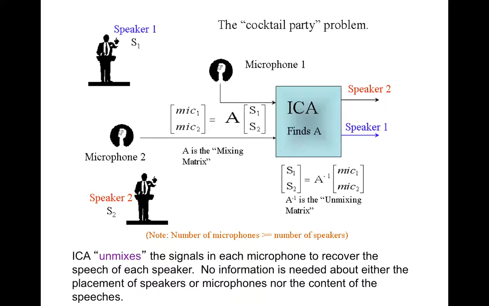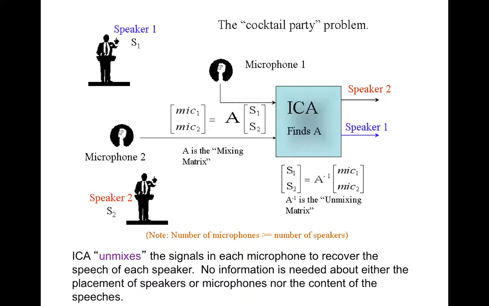Now, the nice thing about the technique that we're going to apply is that most of the time we don't know the physical arrangement of the problem. We don't know what the setup was. If you think about EEG, we might know there are sources in the brain, but we might not know physically where those sources are located.